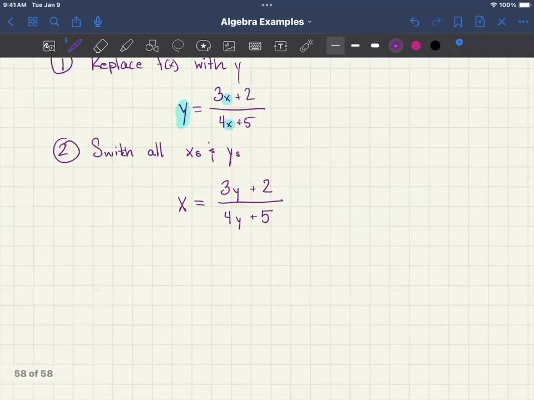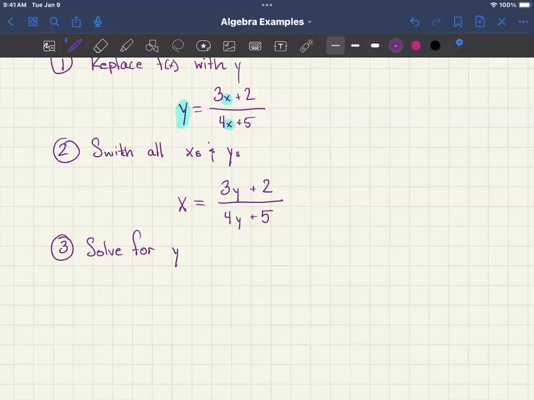All right, now that we have that, this looks a little bit gunky, doesn't it? We are going to solve for y. How do we do that? Okay, we got 2 y's and they're in a fraction. So one of the things that we like to do when we're dealing with something like that is get rid of the fraction.